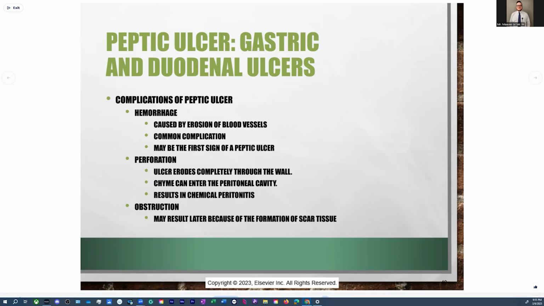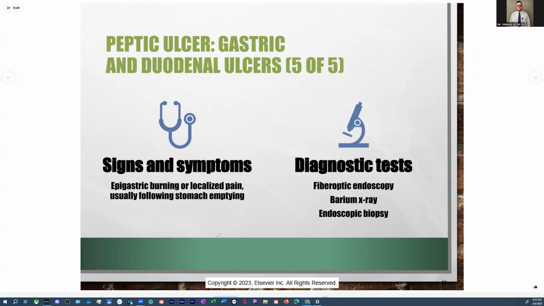That's called perforation. Perforation means that there's been a hole or some kind of injury that goes through the entire bowel. And that's bad because that means that stomach contents or other bowel contents are now leaking into the abdominal cavity. That's scary. And it could potentially cause an obstruction later because of scar tissue development and that sort of stuff. So, hemorrhage, perforation, potential obstruction later.